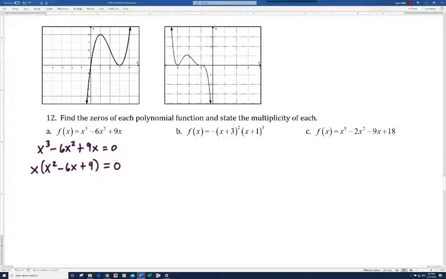All right, and so now you can see here inside the parentheses, we have a quadratic function that we should be able to factor. I need two numbers that multiply to 9 and add to negative 6. Well, 1 and 9 and 3 times 3 are the only ways to multiply two numbers and get 9.